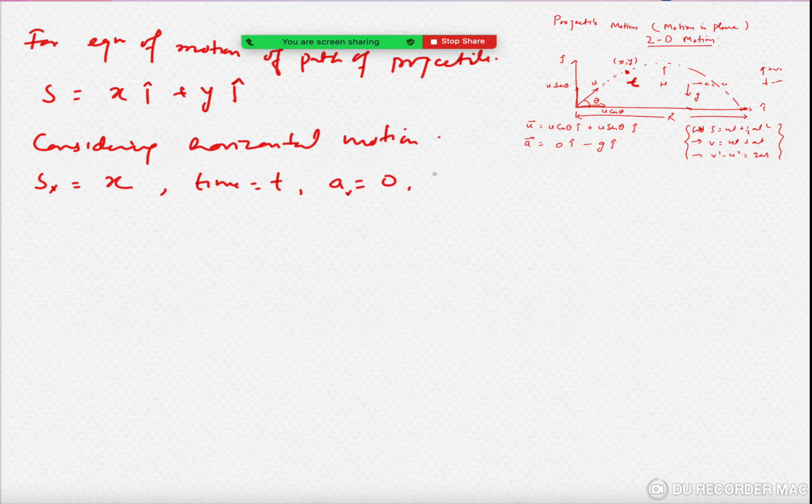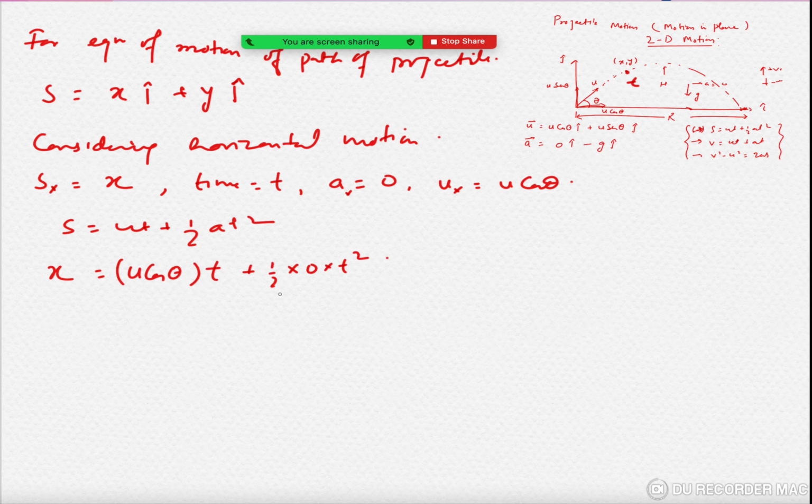In the x direction there is no acceleration. And the initial velocity in the x direction is u cos theta, as we found. So we'll use the formula s is equal to ut plus half at square. So x equals initial velocity u cos theta into t plus half into 0 into t square. So from here we get t is equal to x by u cos theta.